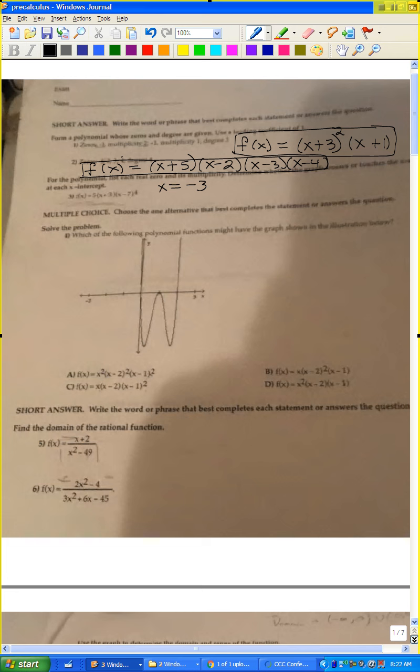And so this is a simple root, so it has multiplicity 1. And it passes through the x-axis, so it goes through.